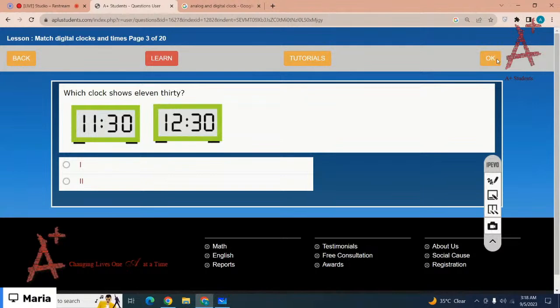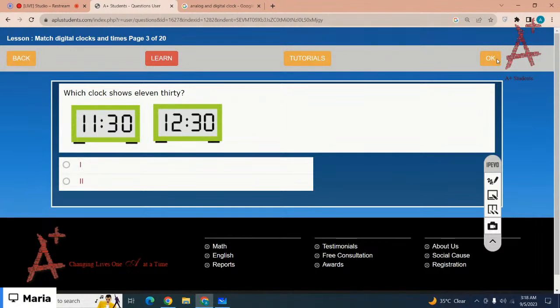Which clock shows 11:30? Which is the correct option? 11:30 means 11 hours and 30 minutes.